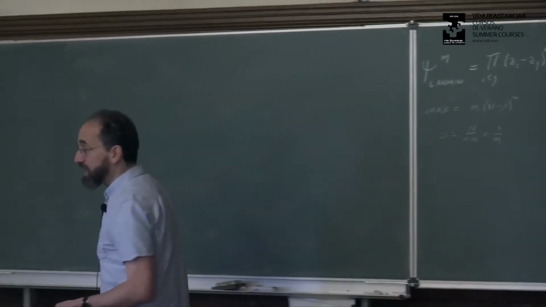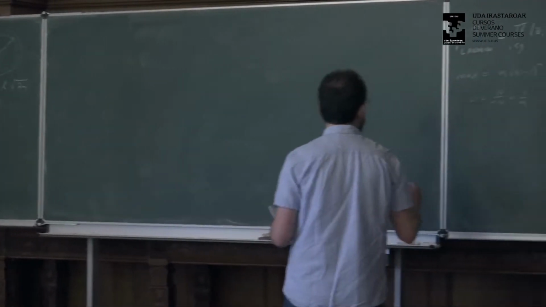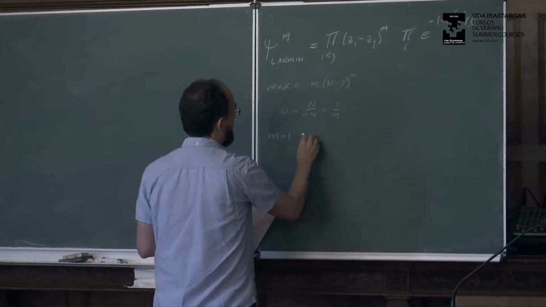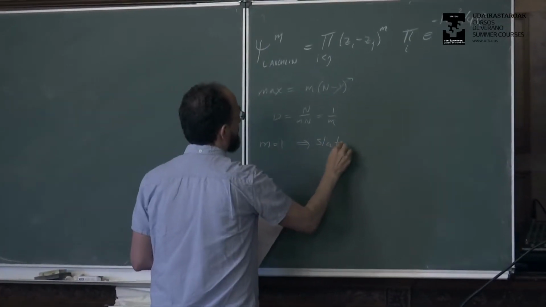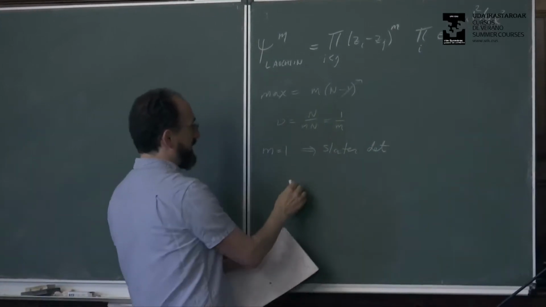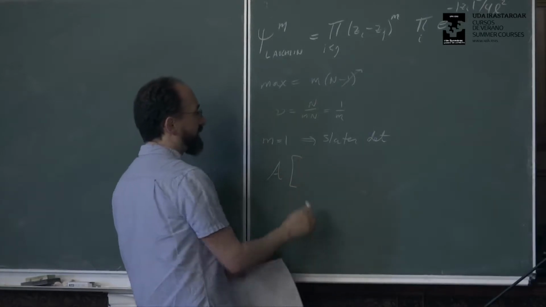Now the homework assignment that I gave to you all, and I'm sure you've all done already, is to show that the m equals 1 case is a Slater determinant. It fills all the states at nu equals 1. And one way we can write that is as an anti-symmetrized product of all the orbitals.